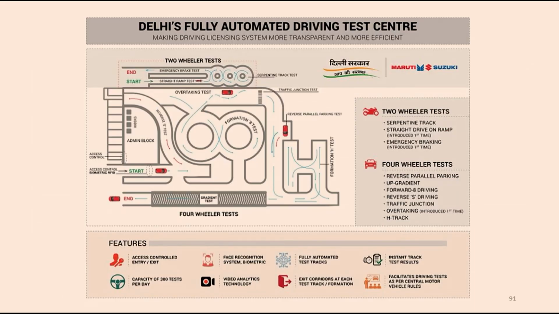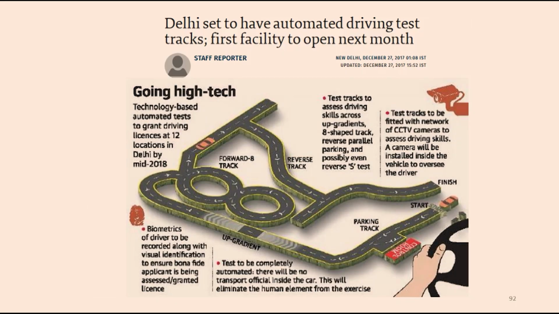In multiple states we now have an automatic testing track system, where you drive your vehicle on the track and it is recorded through video and sensors. At the end, once you complete your driving test, you get the result immediately without any human intervention. Even in Assam, the government has announced, I think, 7 to 8 testing tracks, and a few are in progress. So this is another testing track.